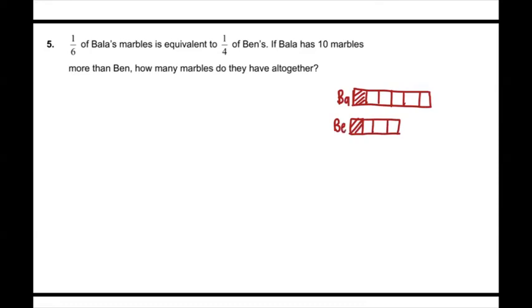Okay, so BA is Bala, BA is Ben. Now, Bala has 10 marbles more than Ben. How many marbles do they have all together?